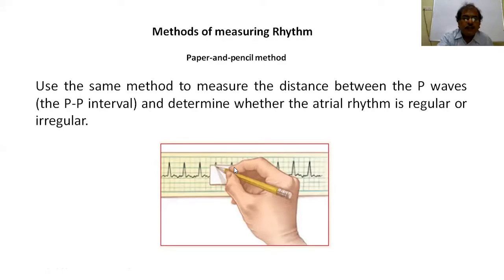Use the same method to measure the distance between the P waves and determine whether the atrial rhythm is regular or irregular. You take the pencil and paper, mark here, then the next mark should be here. You move this paper and again keep it here.